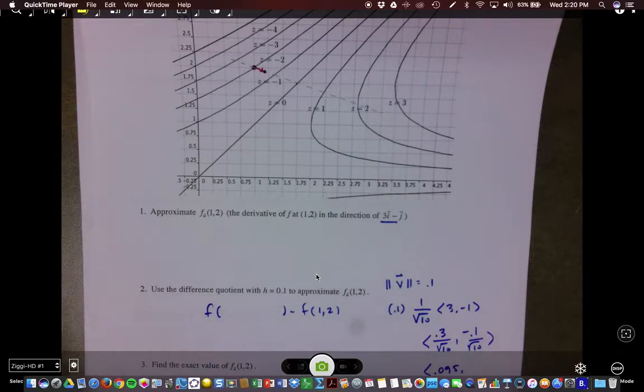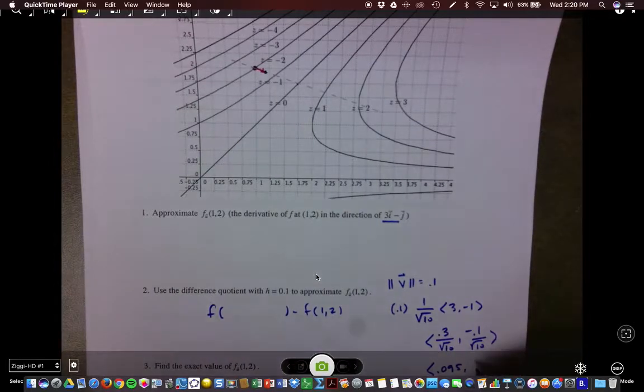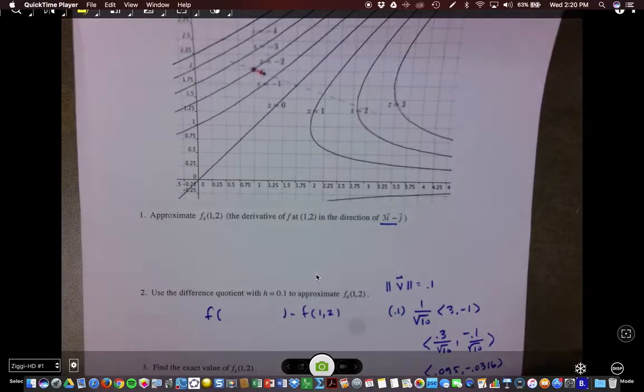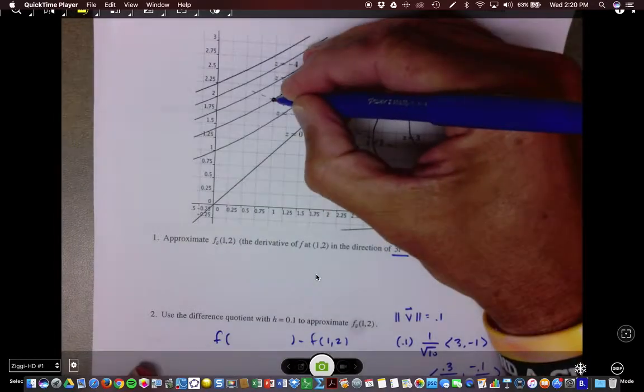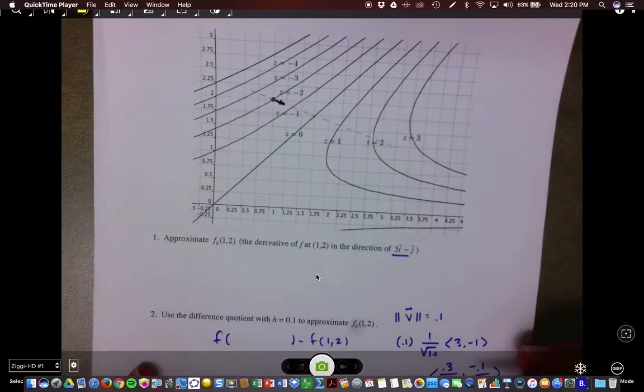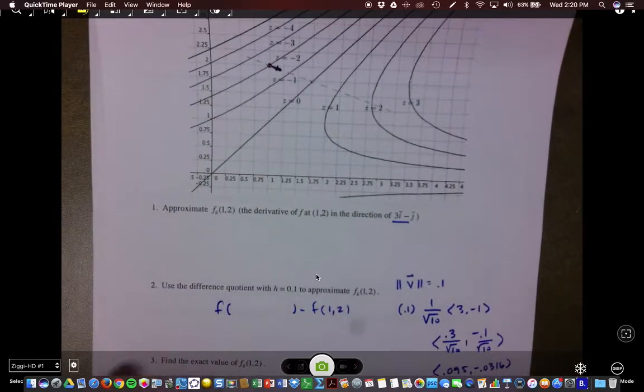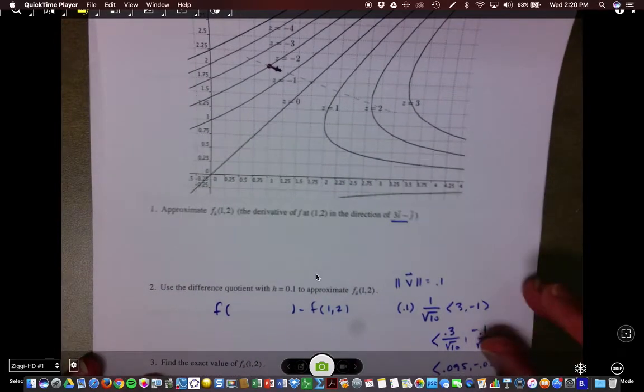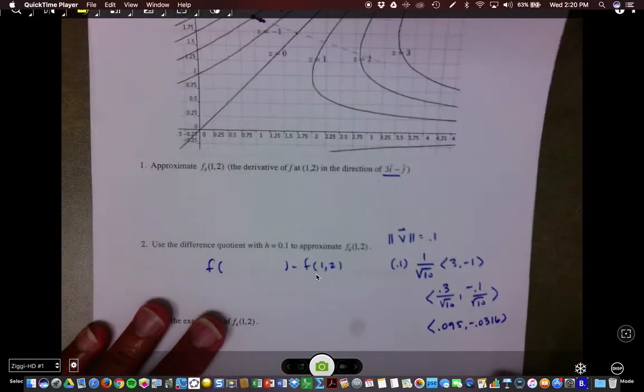That's 0.0316, and negative. So this is a vector that points in the direction of (3, -1), but it's only 0.1 units long.